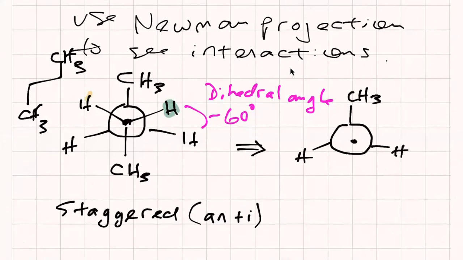The green hydrogen should be here, and now it's eclipsing with the methyl group that's up there. And then the methyl should be here. The methyl group is there, eclipsing with that hydrogen. And then my other hydrogen is here.